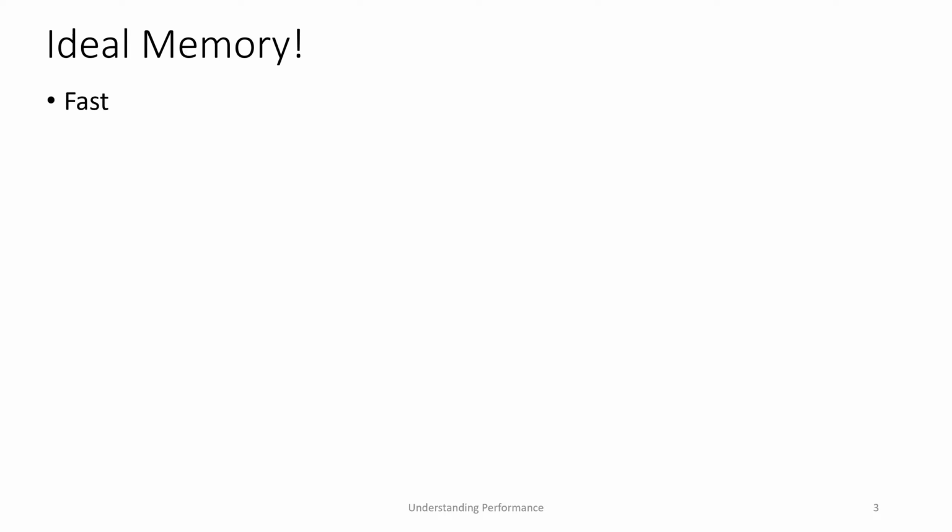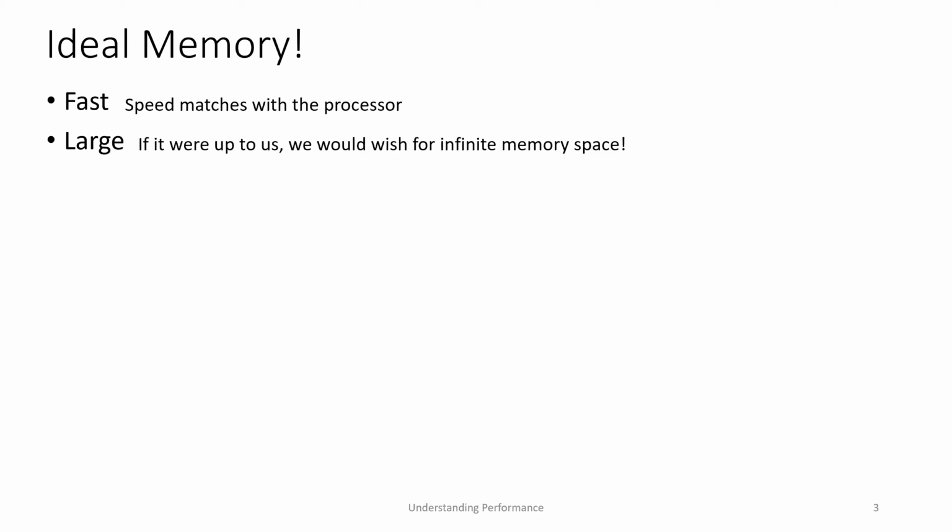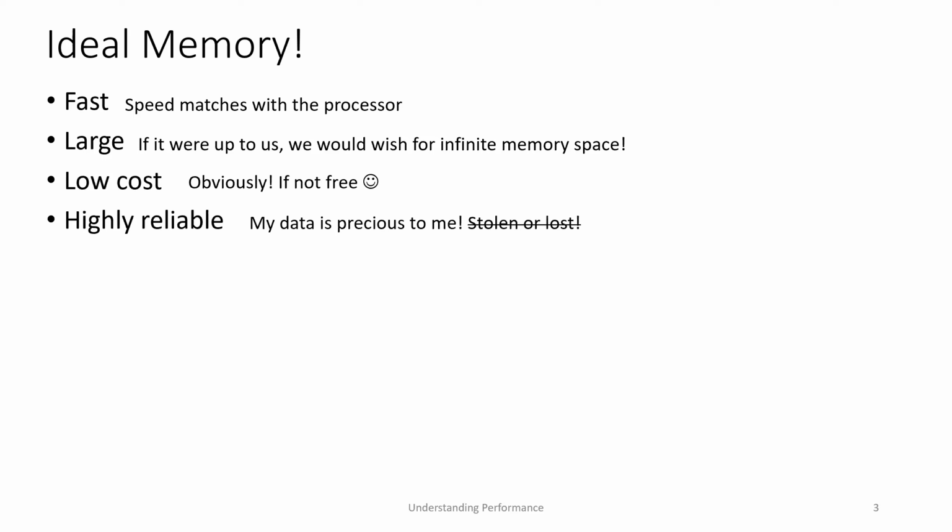Now, the typical view of a programmer would be that his or her memory is very ideal, meaning that it is very fast. It is as fast as the processor. It is very large, meaning that whatever the size of the program is, it will nicely be available in a very fast memory, right? And we want it to be obviously of low cost, and we want it to be highly reliable, meaning that it should not be lost or somebody else has access to it, right?